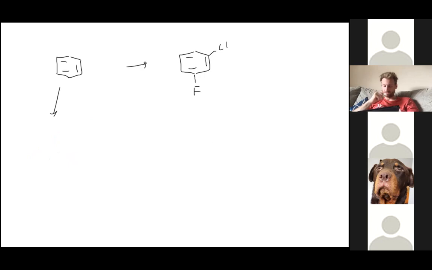So our first step in our fluorination pathway, HNO3, H2SO4. From here, I have a meta director.